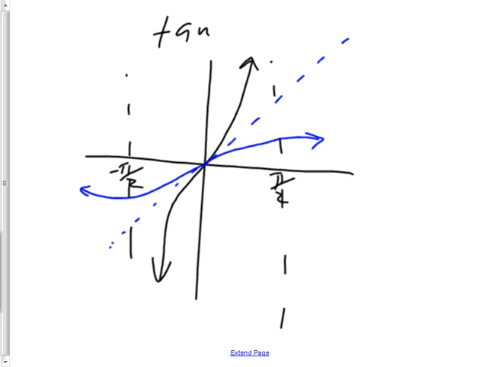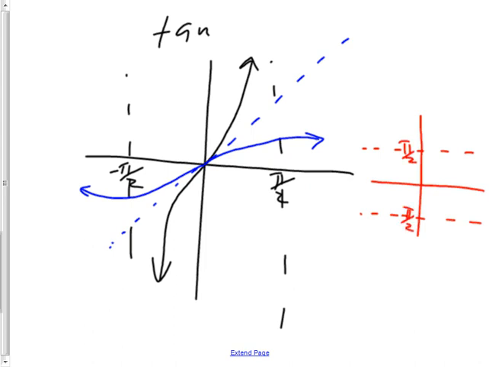Can it cross those asymptotes? No, but it doesn't have to, because you remember how those get reversed? Everything gets reversed. So here's your new graph. The asymptotes now go this way, and those asymptotes were at pi over 2 and negative pi over 2.